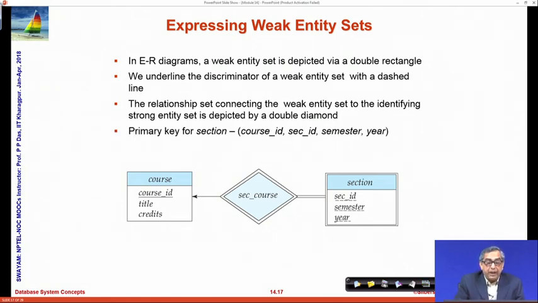And once that happens, the primary key becomes the discriminators of section, the weak entity set, and the primary key of the identifying strong entity set, the course. That forms our final primary key for the entity set section. Mind you, course ID is not a part of this relation, but it actually plays the role through section ID as a key for the section relation, without which the section entities cannot be uniquely identified.